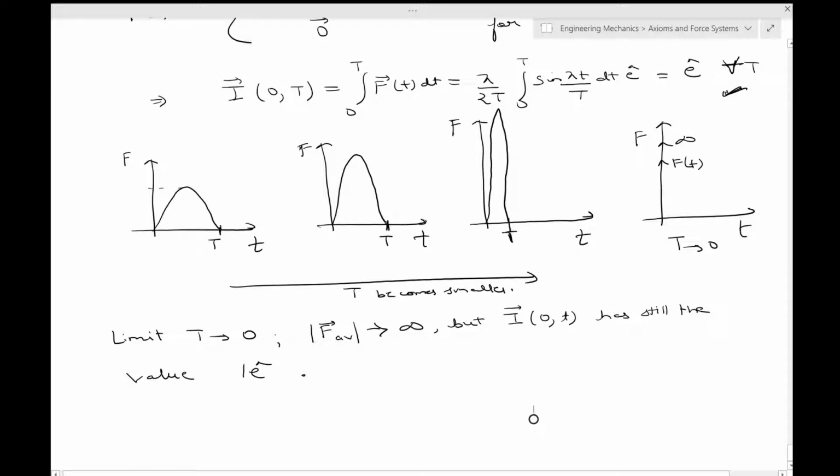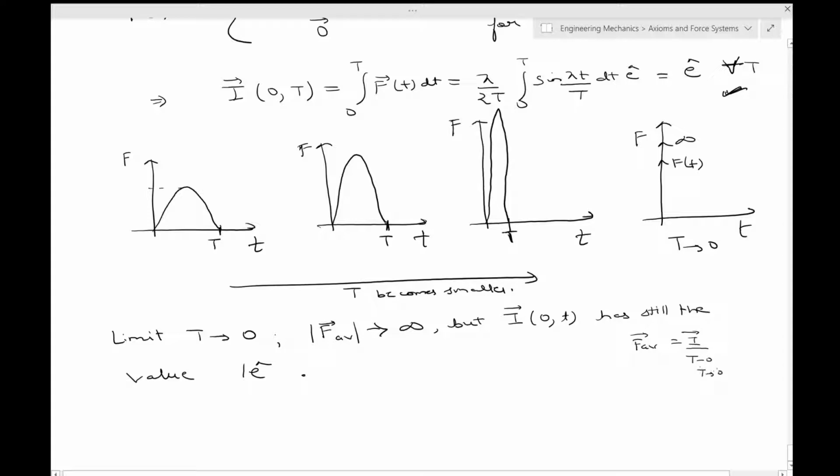So this is the case. And you know that F average, this is equation 2.43, is equal to I divided by T2 minus T1. So this interval is tending to 0, because this is between 0 to T. Let me do that, so T minus 0.